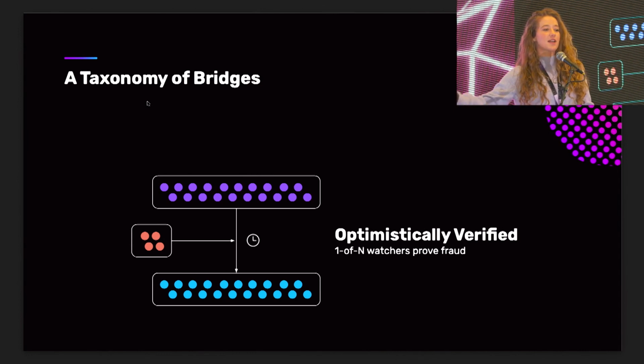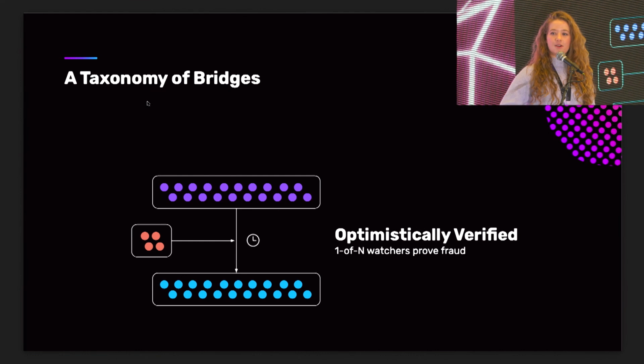This latency period is to execute fraud proofs, where there can be any number of watchers who are ensuring that the updater is passing correct data, not fraudulent data. And if they are found to be passing fraudulent data, the updater can get slashed, and then the watchers can disconnect the applications that were listening for that data, so that any harm from any fraud that has occurred is mitigated.